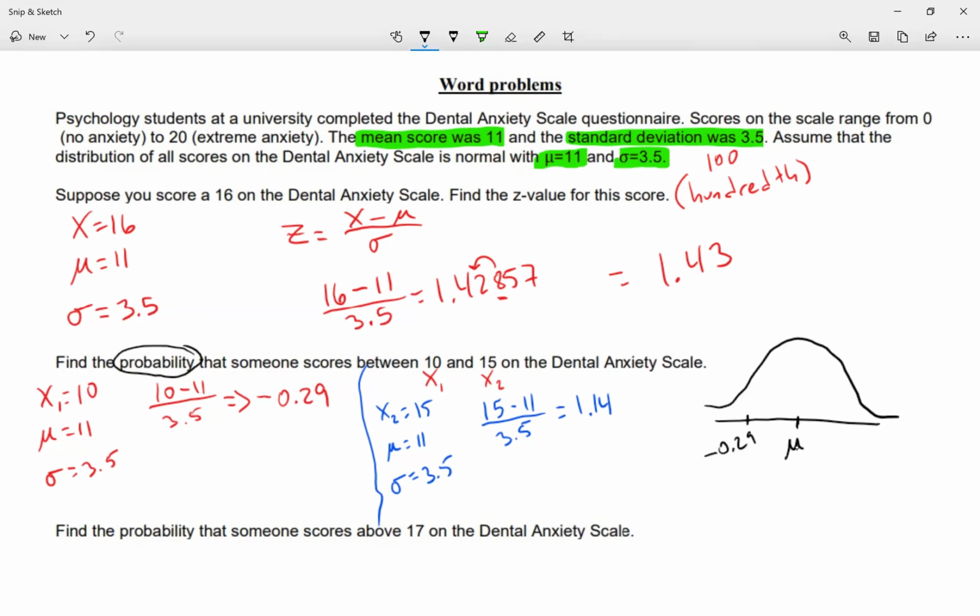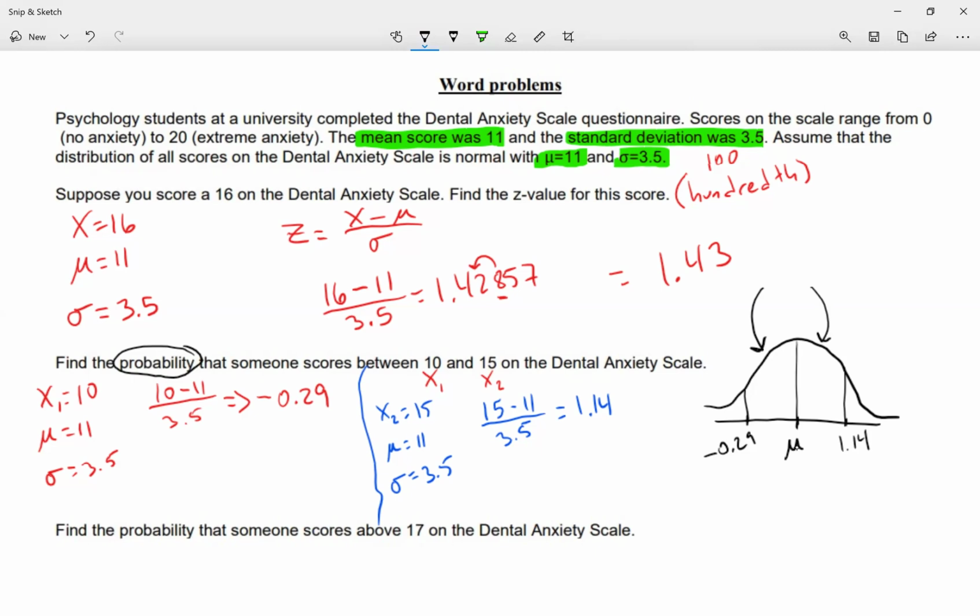And let me call this a positive 1.14. And as a matter of fact, let me break this right here. So I need to figure out how much is this area and how much is this area. And my answer will be those two areas combined.